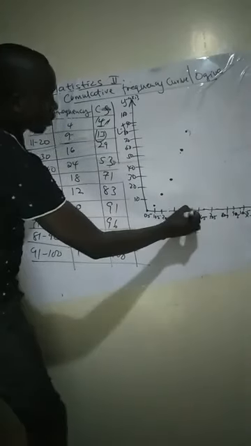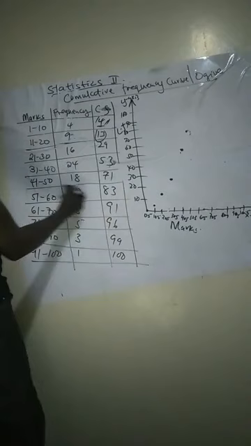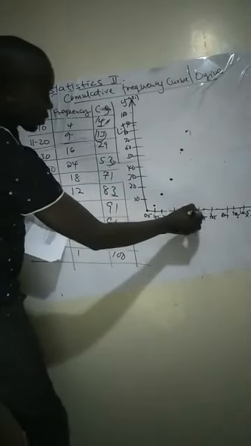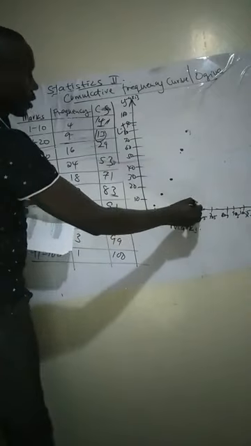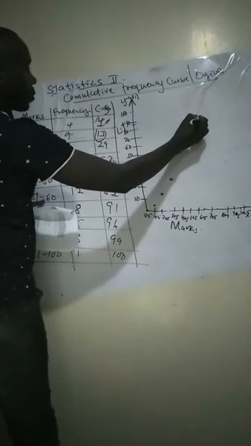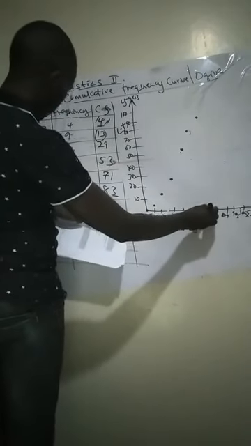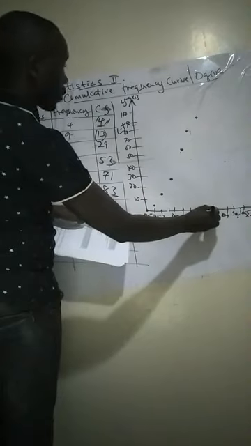Now I have 60.5. The frequency for 60.5 is 83, slightly above this. And I have the next one, frequency 91. That is for 70.5.